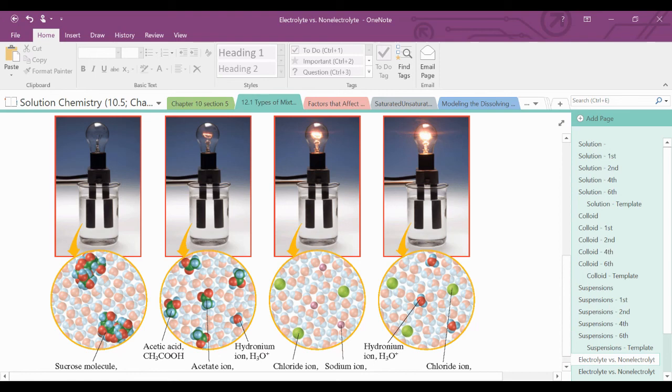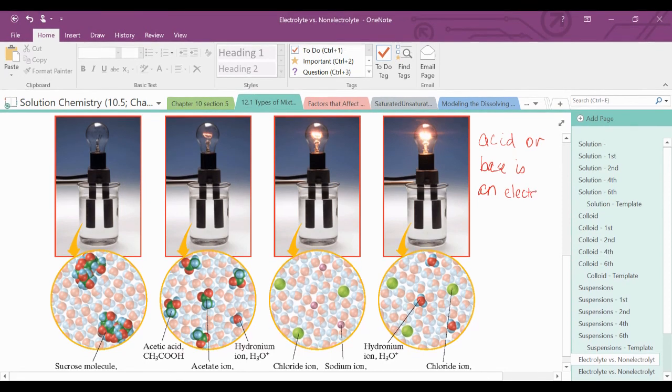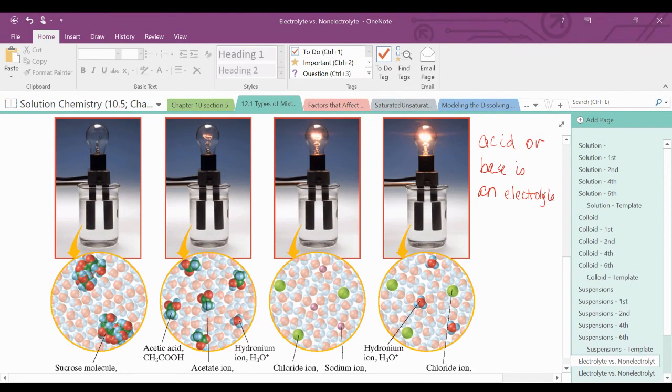And so you can clearly see the light bulb doesn't light up, so it's a non-electrolyte. We're going to see in this chapter that anything that's an acid or a base is an electrolyte. Now here we don't show any bases, we just show acids.